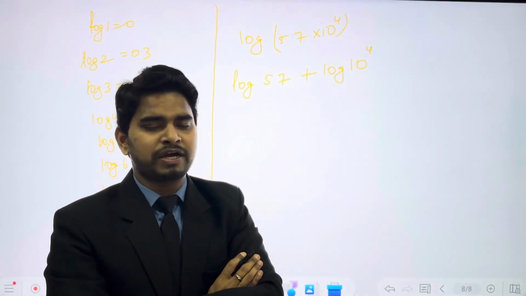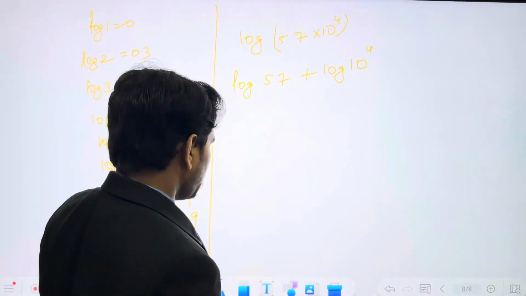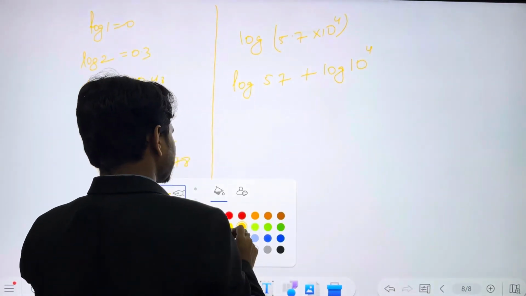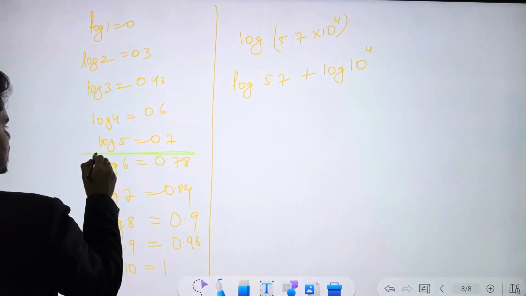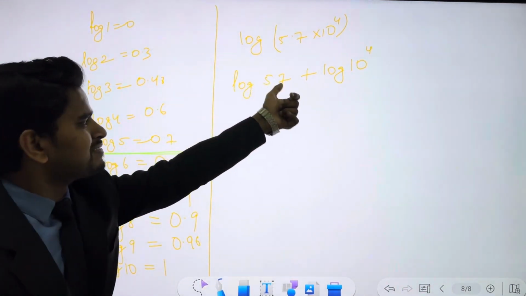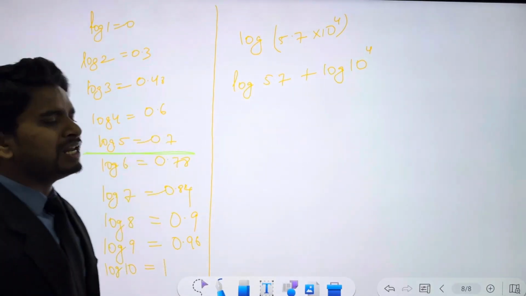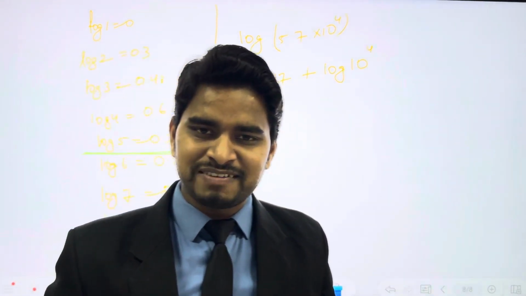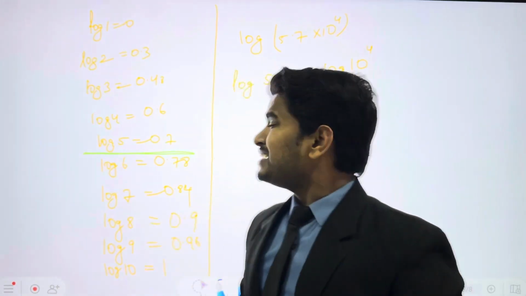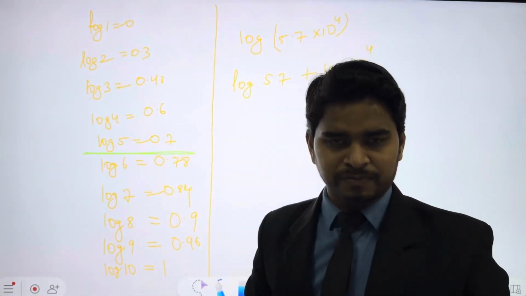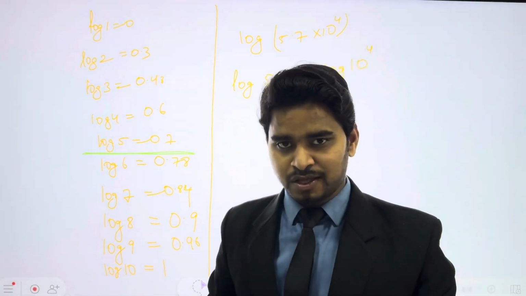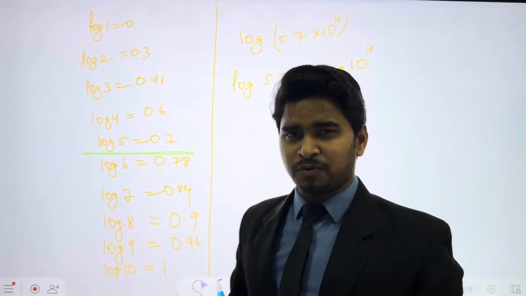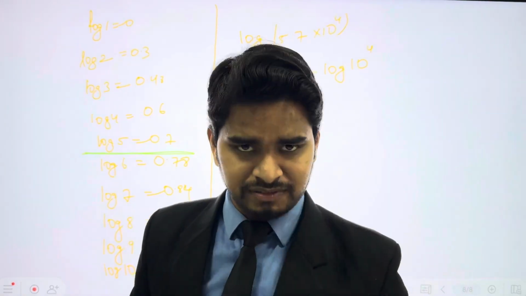You don't know the value of log 5.7, so you approximate. 5.7 lies between 5 and 6, so the value will lie between 0.7 and 0.78. 5.7 is near 6, so the value will be near 0.78. It will not be 0.74, it will be 0.75.